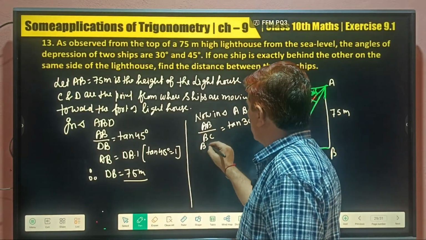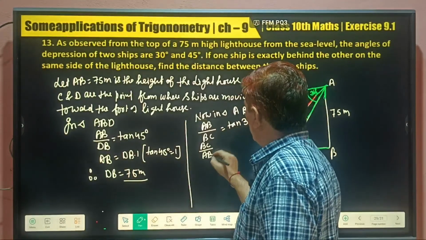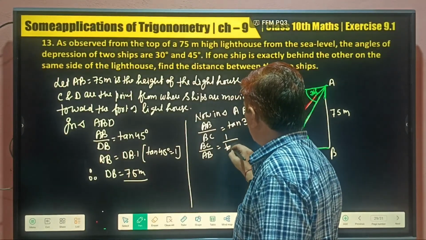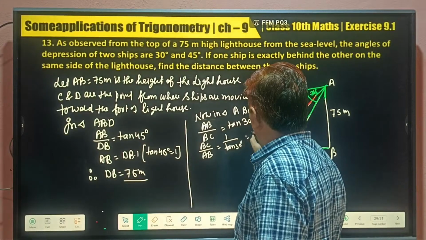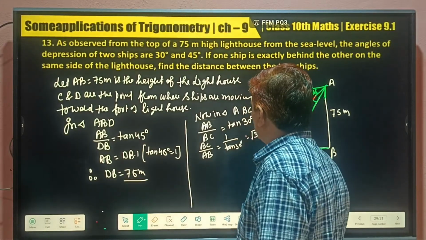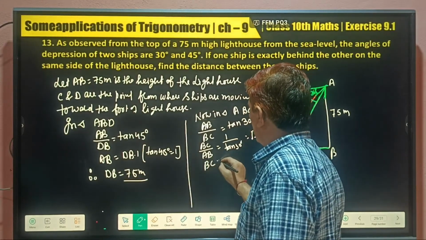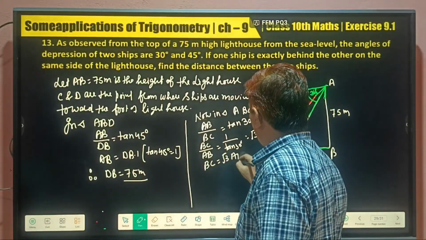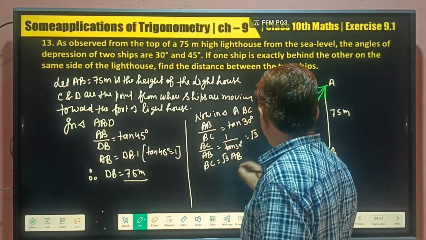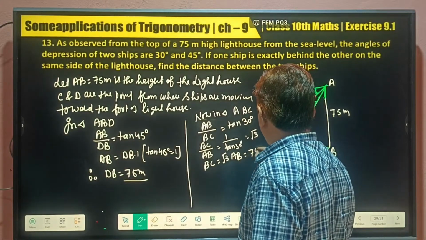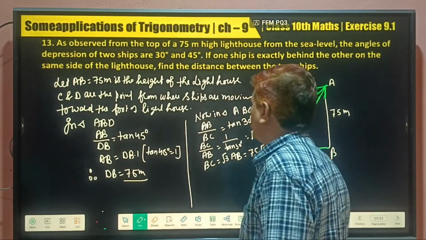BC. So BC by AB is equal to 1 by tangent 30 degrees, which is equal to root 3. So BC equals root 3 times AB. And what's your AB? 75. So 75 root 3 meters.